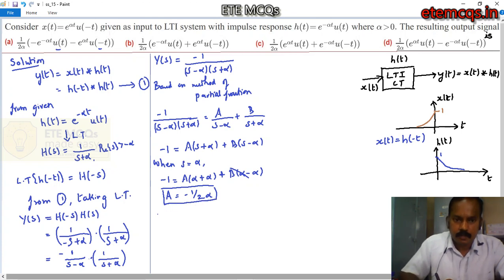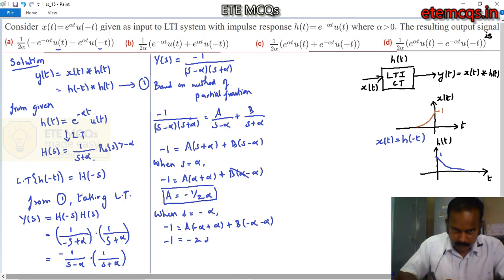Similarly, let us find what b is when s is equal to minus alpha in the same equation. We have minus 1 is equal to a into minus alpha plus alpha, which is 0, plus b into minus alpha minus alpha. So we have minus 1 is equal to minus 2 alpha b, which implies b is equal to 1 by 2 alpha.